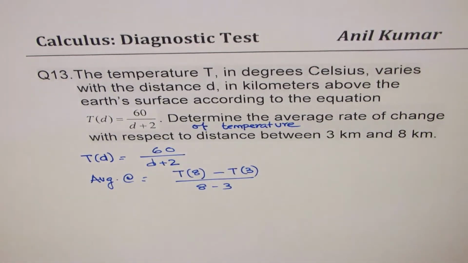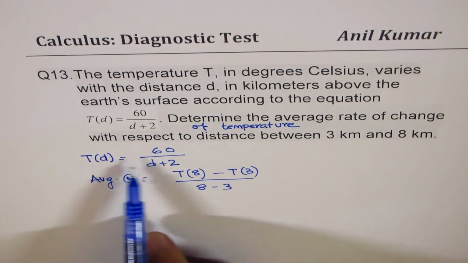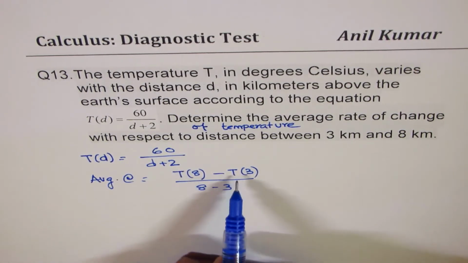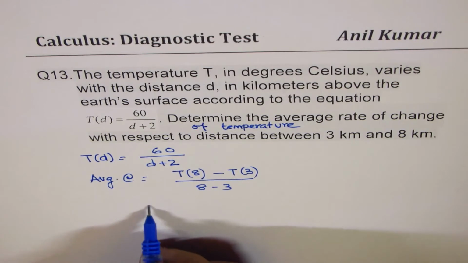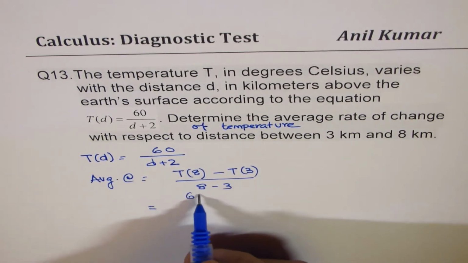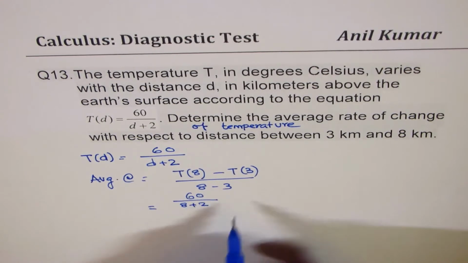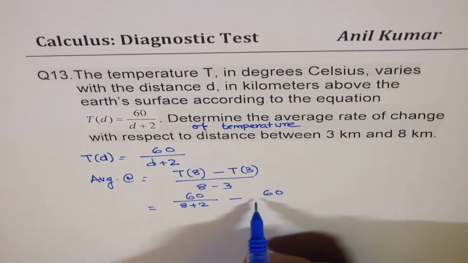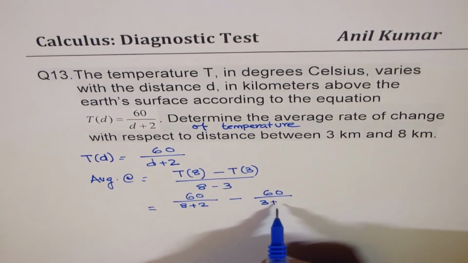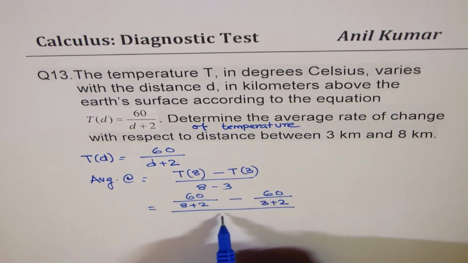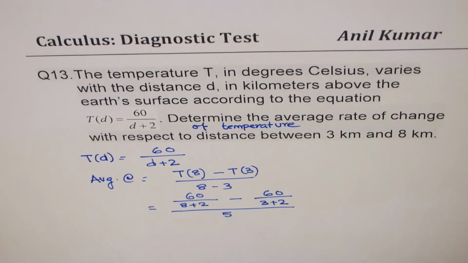So that's a simple formula. Now in this particular function, we can replace d with 8 and 3 to get the numerator, right? So now we can write this as 60 over 8 plus 2, take away 60 over 3 plus 2, right? divided by 8 minus 3, which is 5.